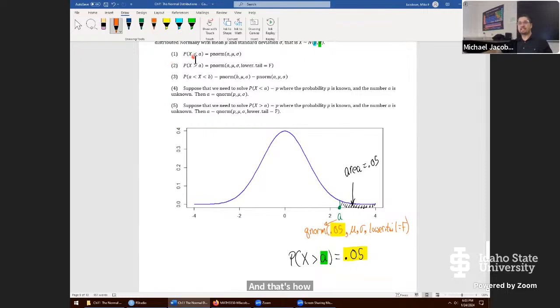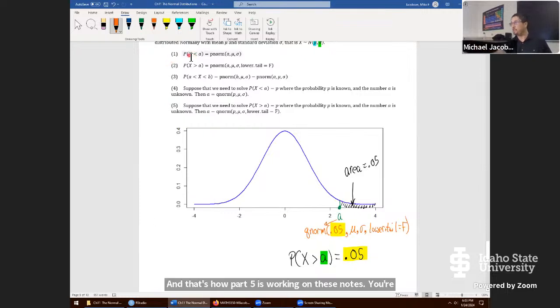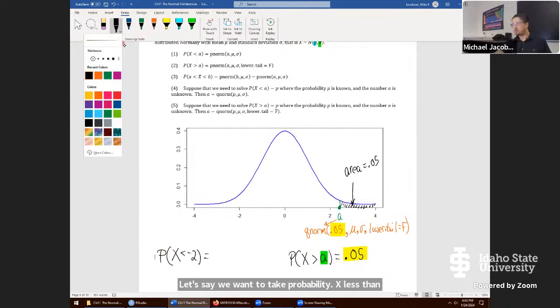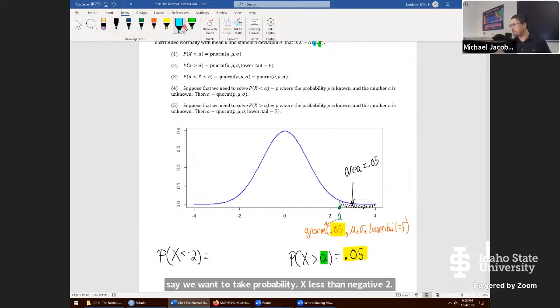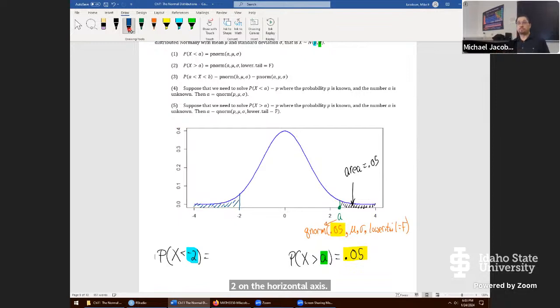If you're doing something like, say, this one, that one is the P-norm. And here's what it would look like for just a fast illustration. Let's say we want to take probability X less than -2. So illustration for this one is we go right to -2 on the horizontal axis. And now we need to find this area. It's an unknown area in this process.